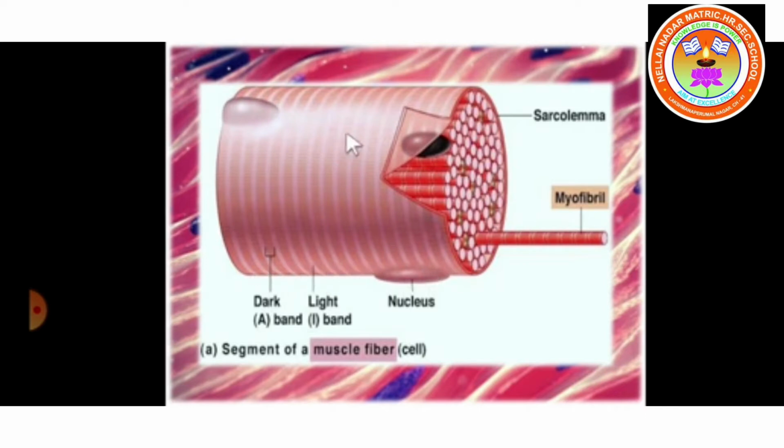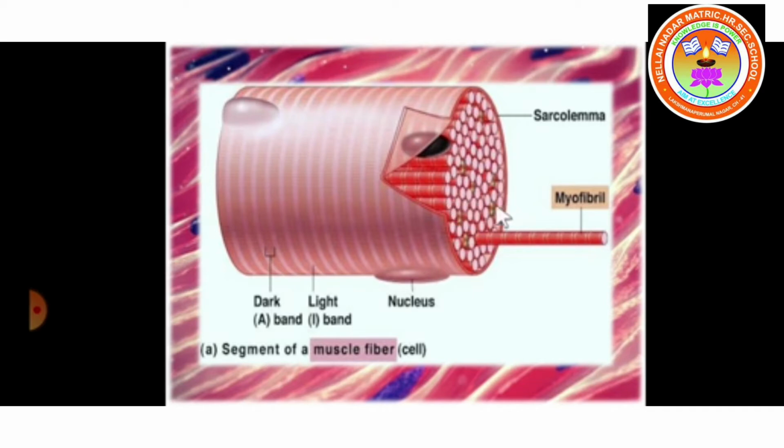They possess many nuclei, so they are called multinucleated structures. They occur in the biceps and triceps of arms and undergo rapid contraction.